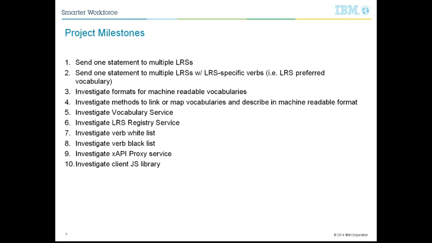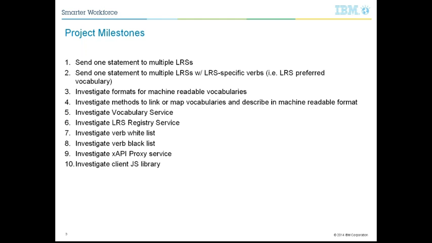The stretch goals were to investigate formats for machine-readable vocabularies, and investigate methods to link vocabularies and describe that link in a machine-readable format. We also discussed the concept of a vocabulary service and an LRS registry service.